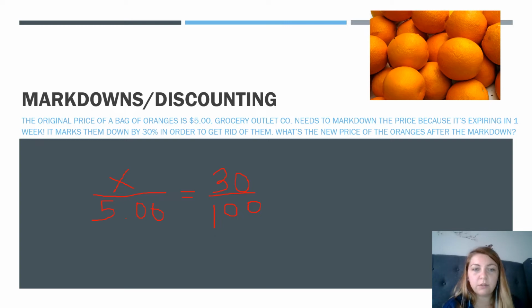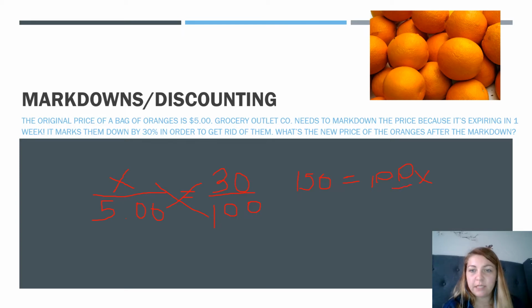Now what we're going to do is cross multiply. So we have 30 times 5, which is 150, equals 100x. There we go.